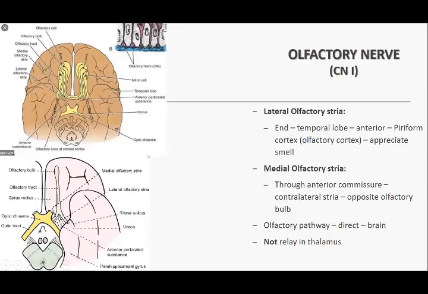In this temporal lobe you have this area which is called the piriform cortex. Basically this is the olfactory cortex. So this lateral olfactory stria goes and ends in the olfactory cortex. It is when this olfactory stria ends in this olfactory cortex, the piriform cortex, that this is the area where we appreciate the sense of smell.